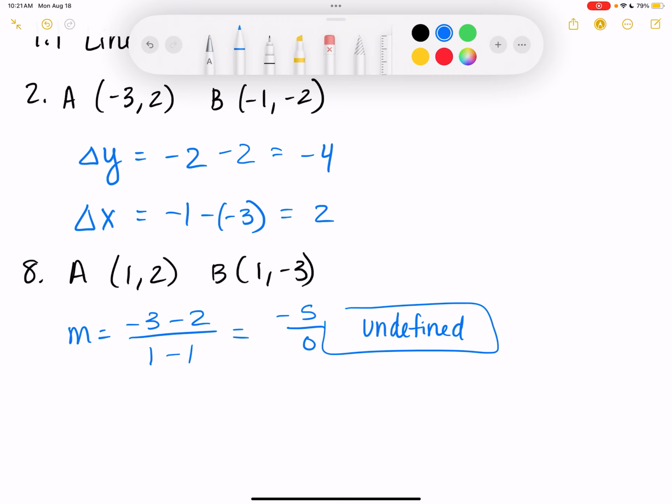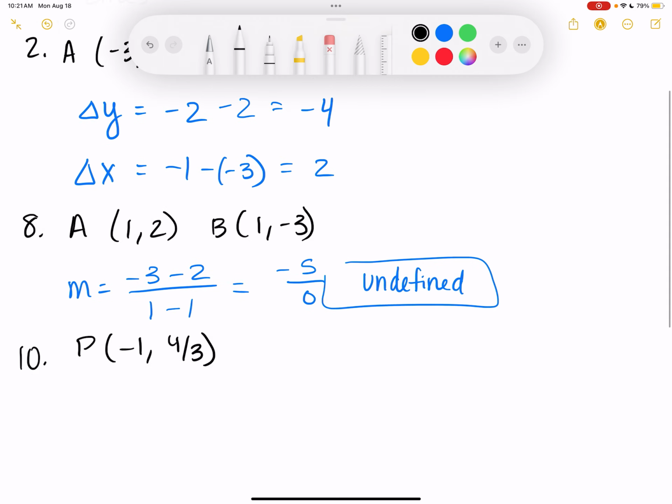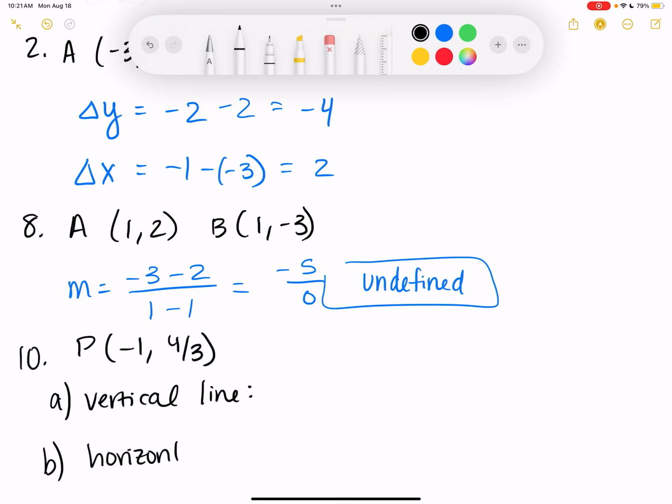The next one's write an equation for the vertical line and the horizontal line. So the point that they give us is P is -1 and then 4/3. So they want the vertical line equation and the horizontal line equation.